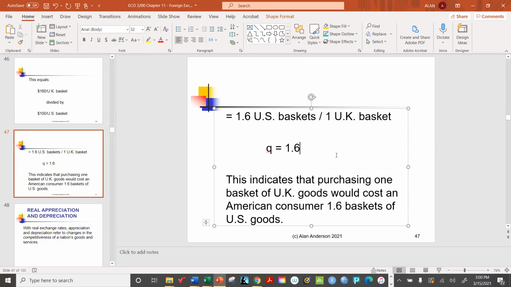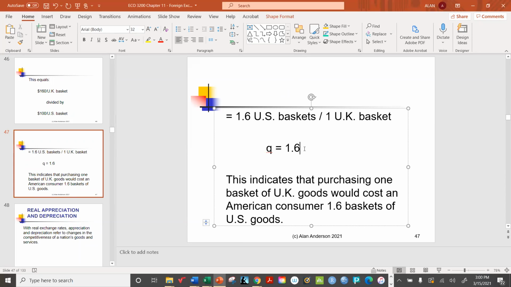The nominal was $2 per pound, but the real exchange rate is 1.6 US baskets per UK basket. So again, you see the emphasis is on goods and services instead of dollars and pounds. It's a very odd concept, but that's how it works.